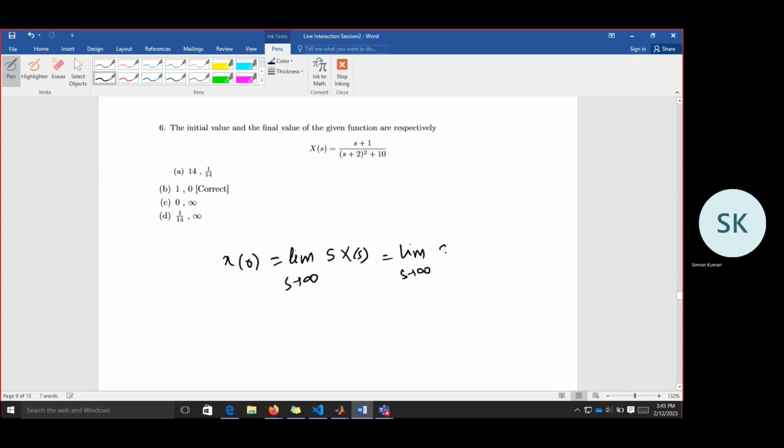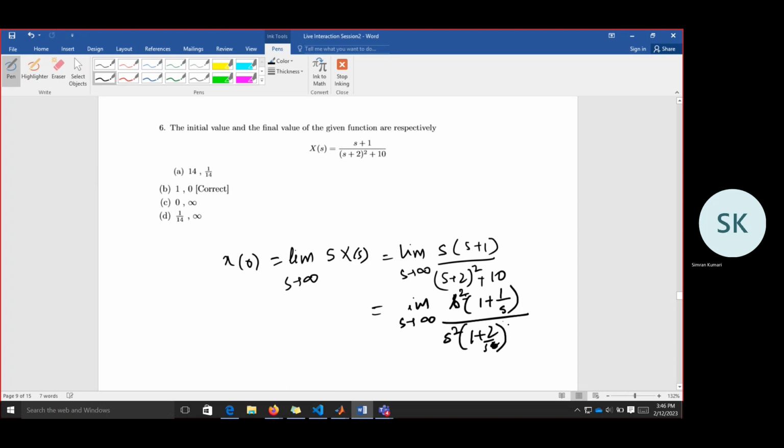So let us apply this. Is it correct? If we apply s equal to infinity, this will go to 1.